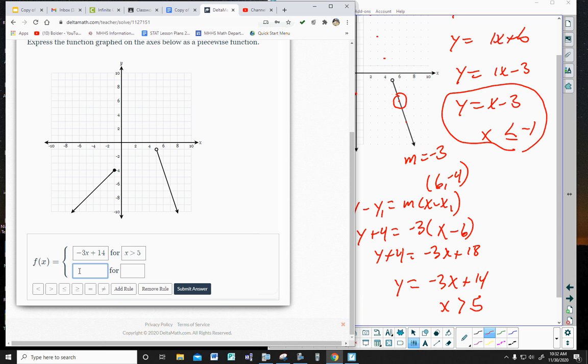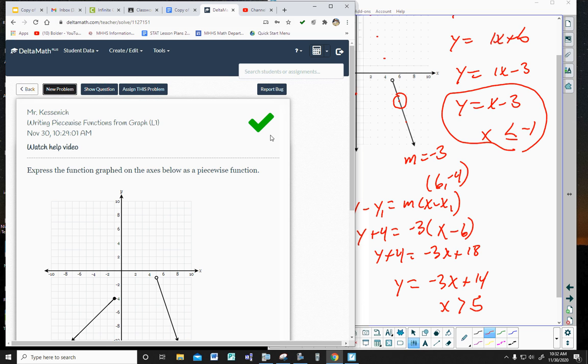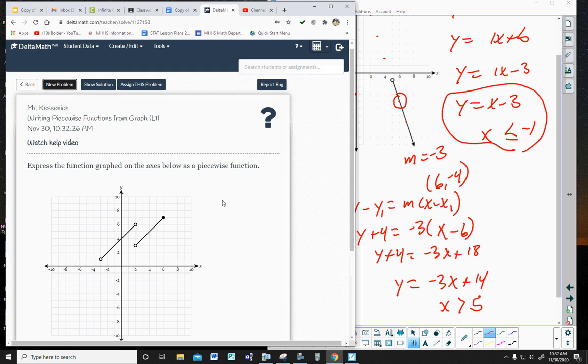And now this one, y equals x minus 3, and that's where x is less than or equal to -1. Bing. It's always good.